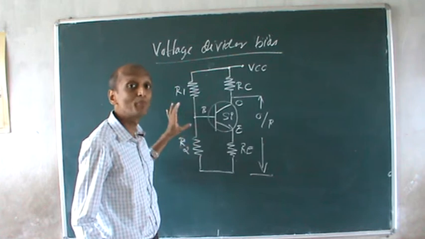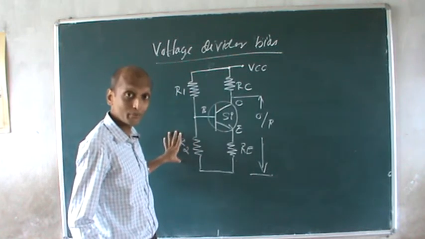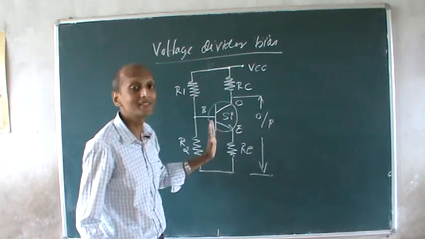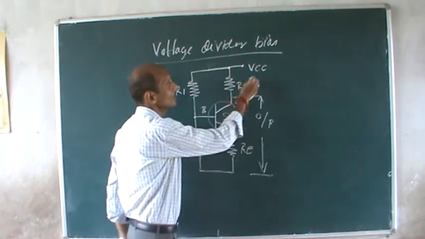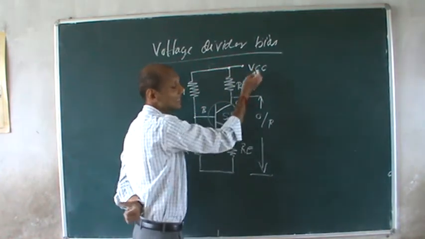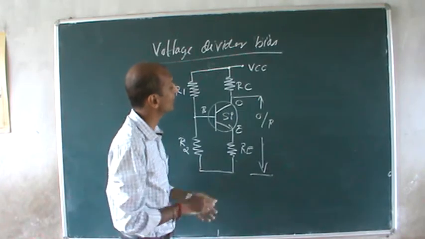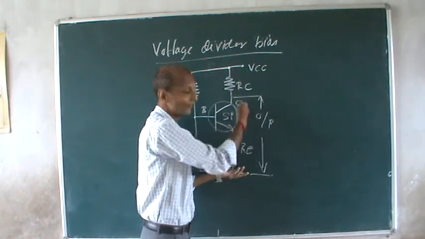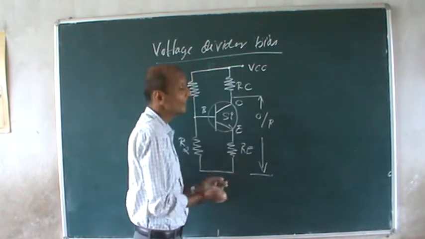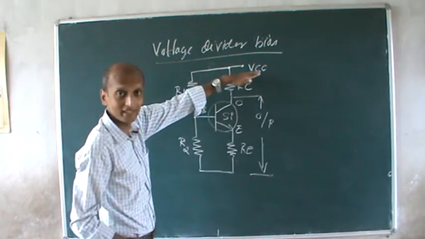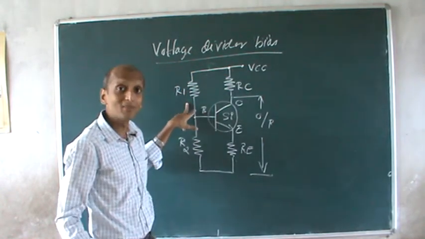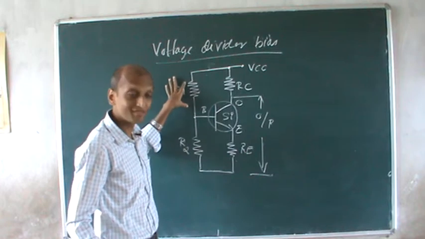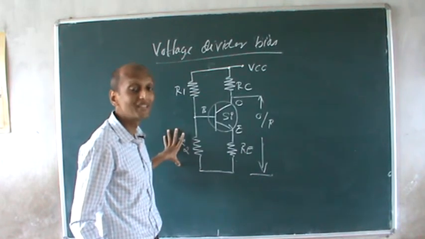Different voltages will be dropped across R1 and R2, and these voltages will bias the transistor. So VCC comes in this direction, and some of the voltage will be dropped across R1 and some across R2.